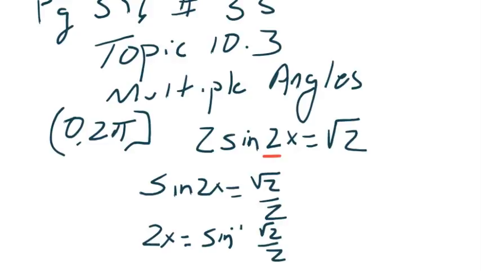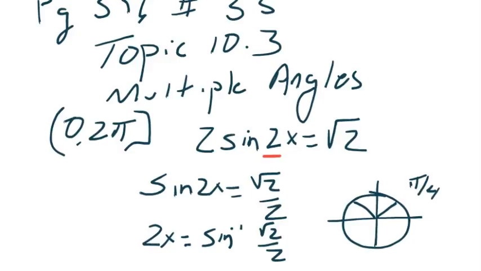Well, we know what angles have a sine of square root of 2 over 2 from our unit circle. There's one here and there's one there. This one's pi over 4 and this one's 3 pi over 4. So those are two solutions.